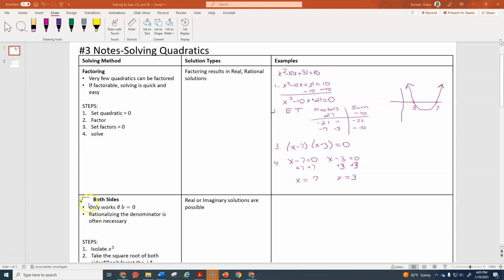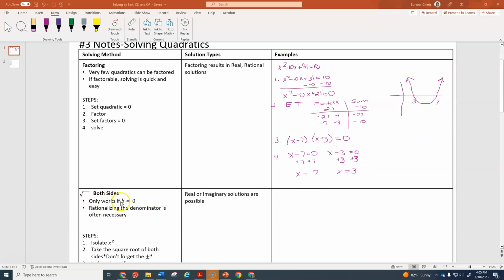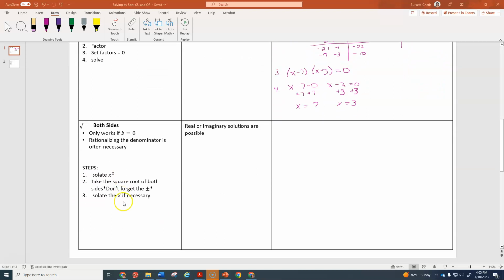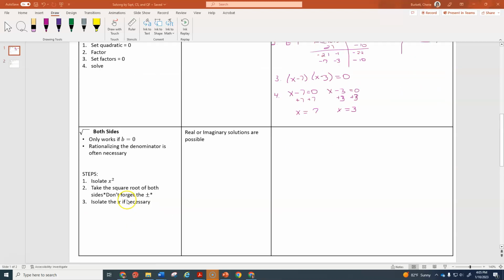When you are solving by taking the square root of both sides, your equation is going to be limited to those that have a b of 0. In other words, you will not have a b value. An example here. Let me change colors real quick. Here's 8x squared plus 1 equals 17.